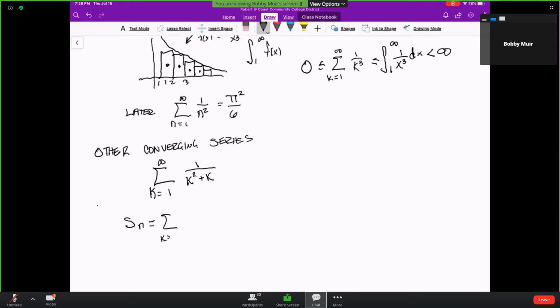So k is going to go from 1 up to n. And then I'm going to factor this as k times k plus 1. And then I'm so damn clever that I'm going to use partial fraction decomposition to break this apart into this.